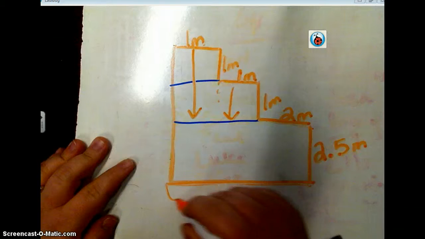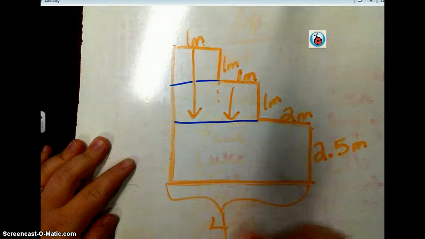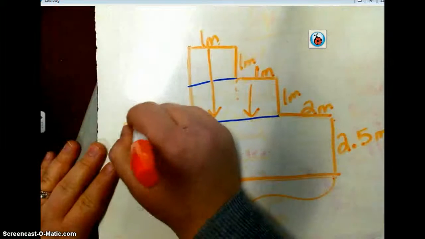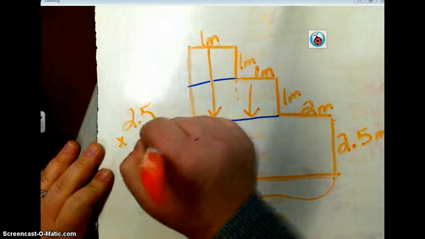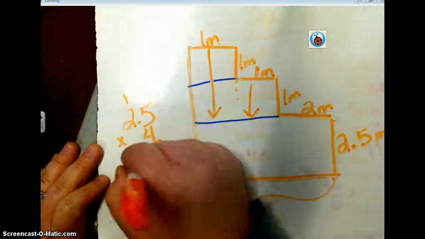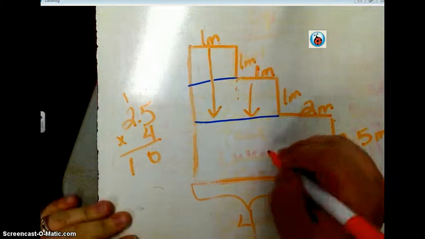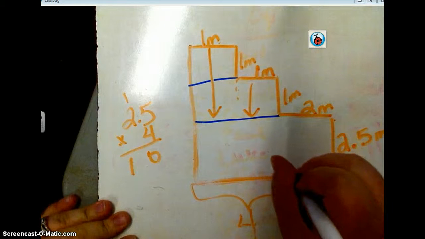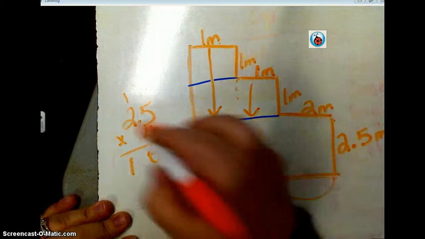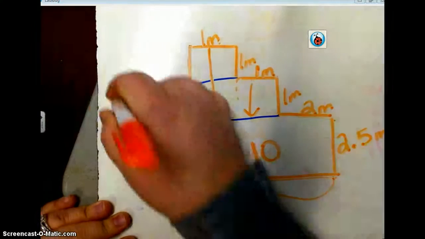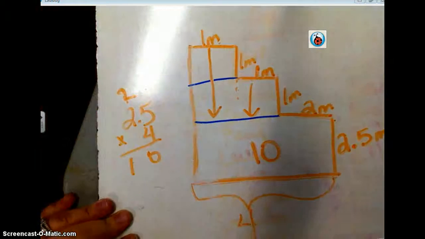So it's going to be 4. Okay, 2.5 times 4 is going to give you 10. Right? Yes. Yeah, it's supposed to be 2. Either way, it gives you 10.